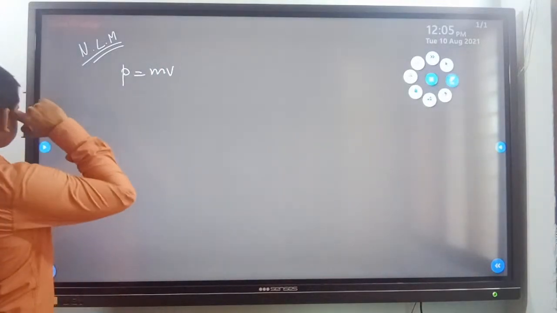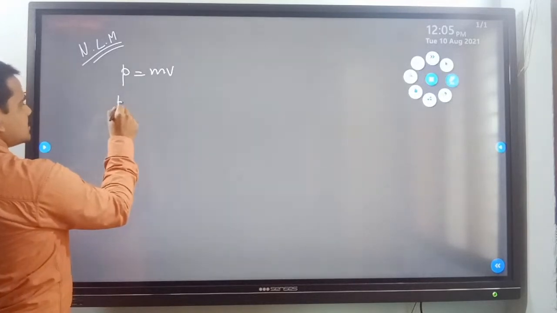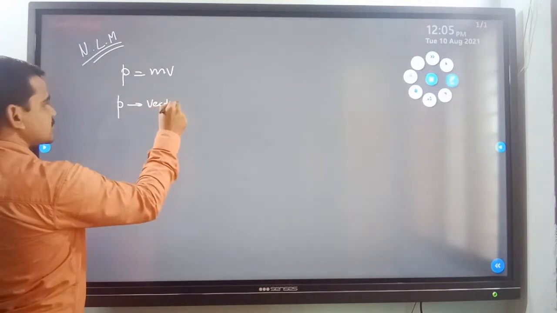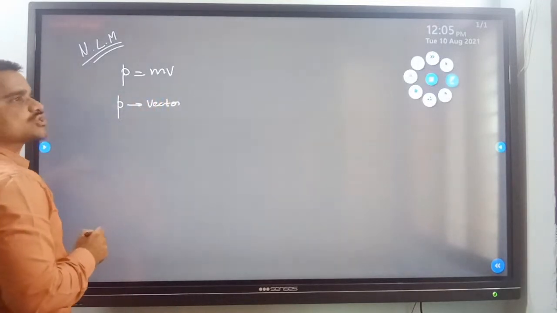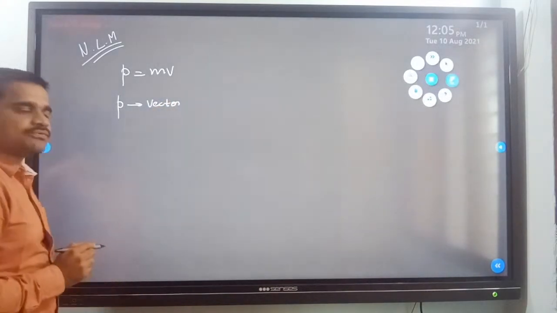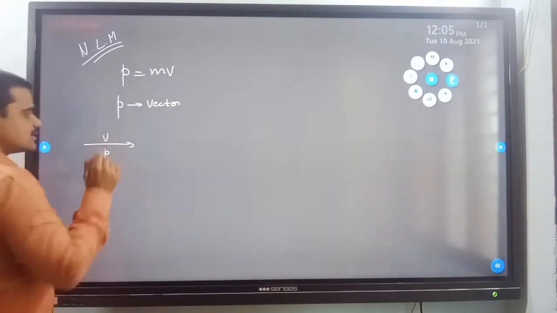So what I am discussing here is that linear momentum is a vector quantity. What is the direction? It will be in the direction of velocity only. If velocity is along the x-axis, linear momentum is also along the x-axis.